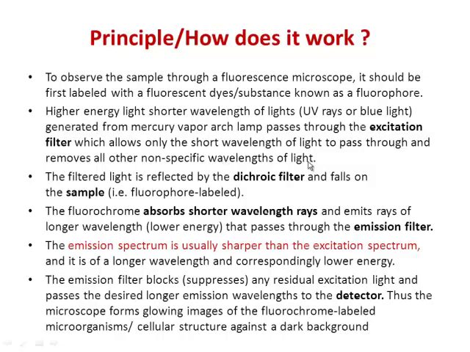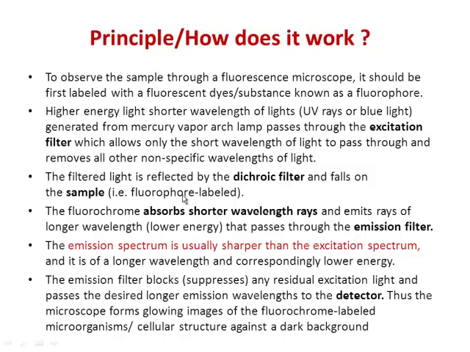the light. Okay, so now only the selected wavelength of light will pass through and fall on the dichroic filter. From the dichroic filter it falls on the sample, and this sample is already labeled with the fluorophore.